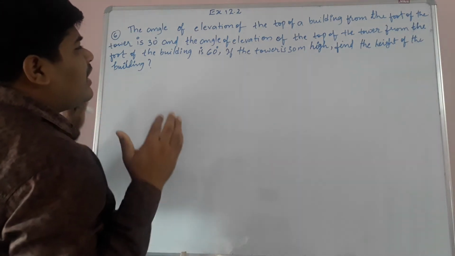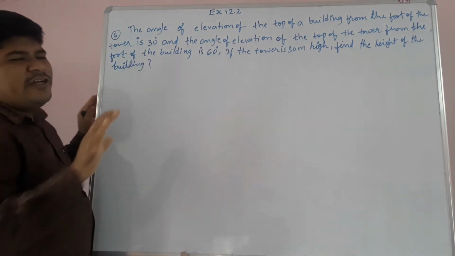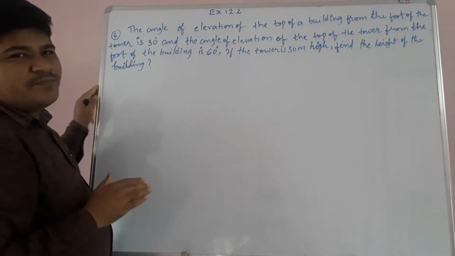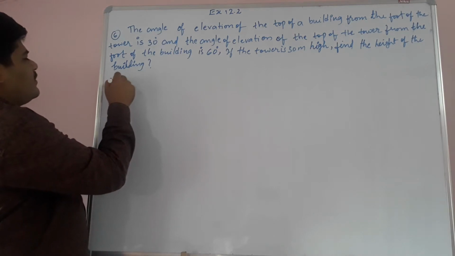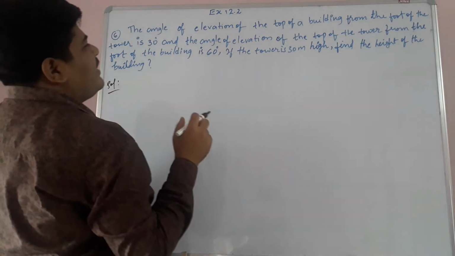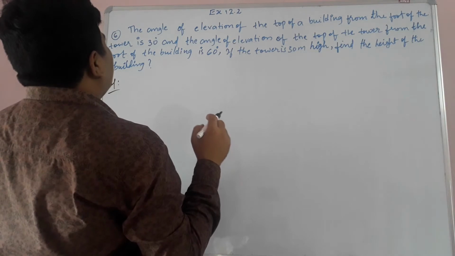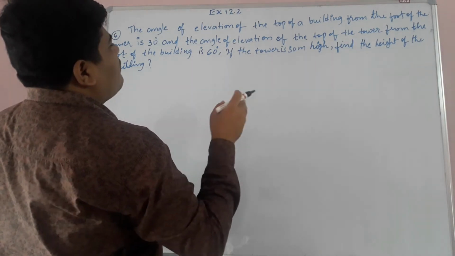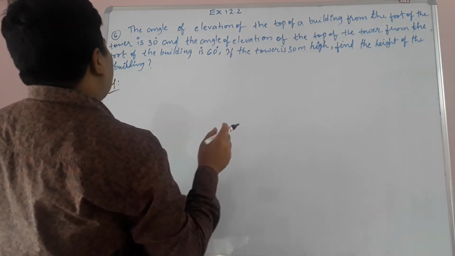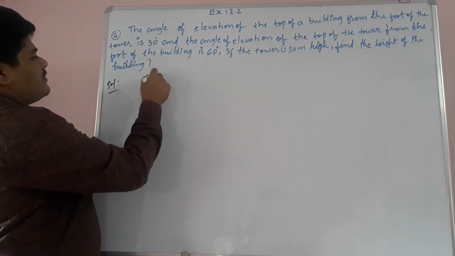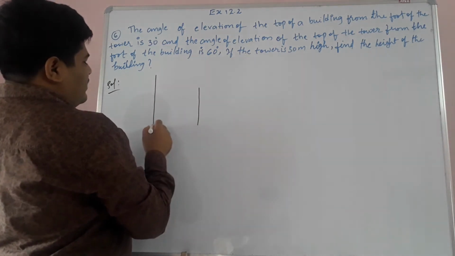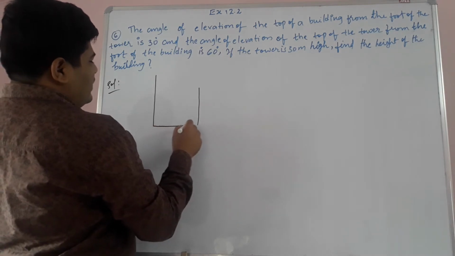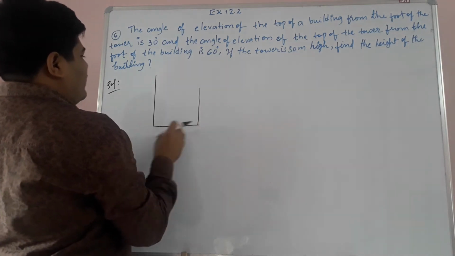So students, according to this data, we need to draw one neat diagram. First he is observing the top of a building from the foot of the tower. So children, this is the tower and this is the building. This is the line joining the foot of the tower and the foot of the building.